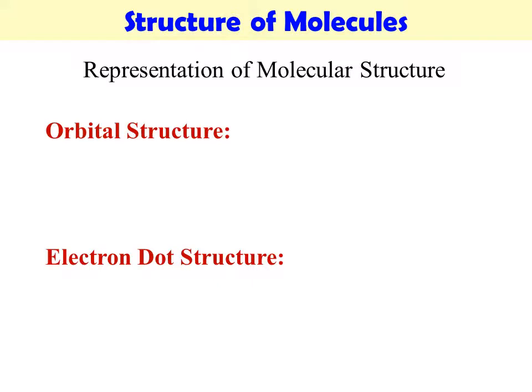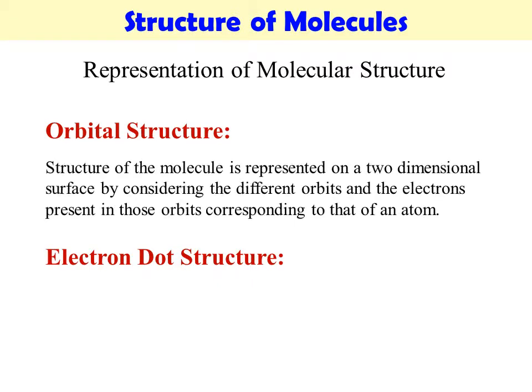What is an orbital structure? In the orbital structure, the structure of the molecule is represented on a two-dimensional surface. The words two-dimensional surface are specified because we normally represent it on a piece of paper or any flat surface by hand drawing.